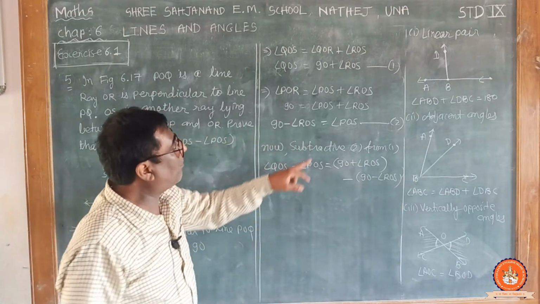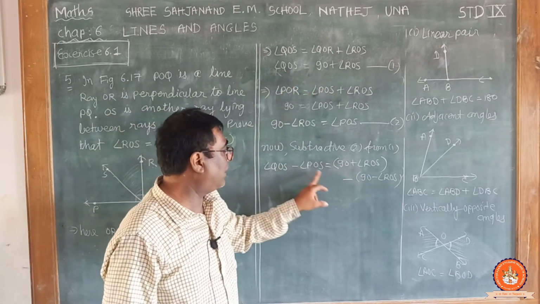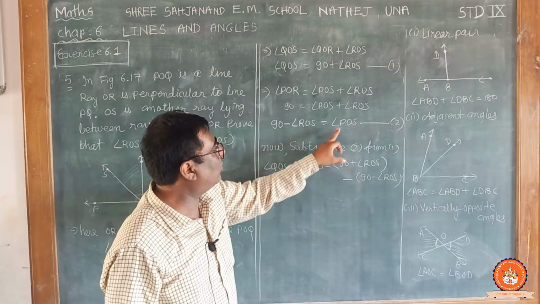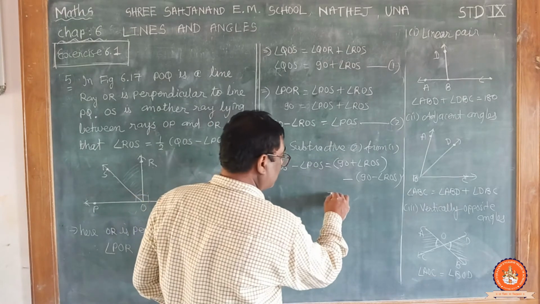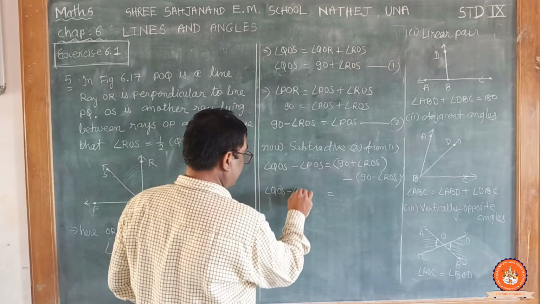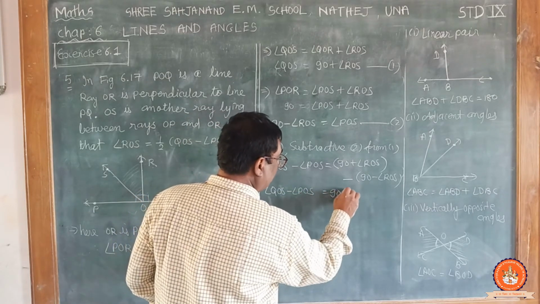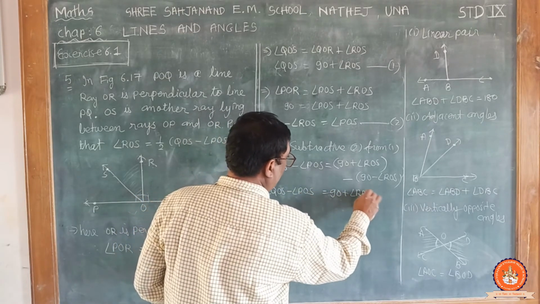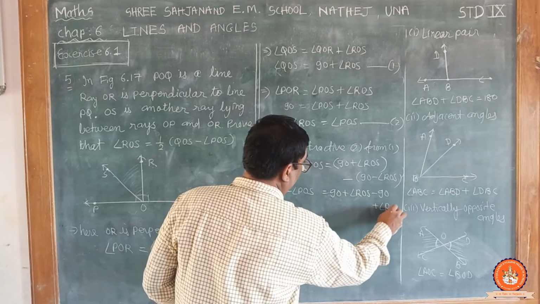So QOS minus POS equals 90 plus angle ROS minus 90 plus angle ROS.